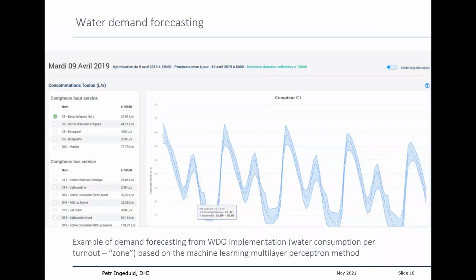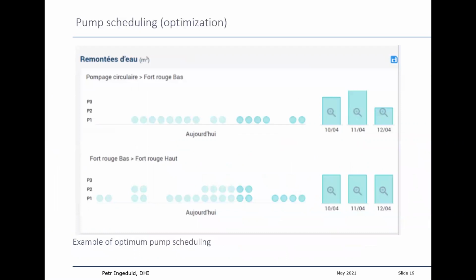Because we need to do forecast simulations, we developed a demand forecast system for different turnouts and zones in the system based on machine learning. So we developed this forecast of water consumption, and then that is used in the hydraulic simulation.